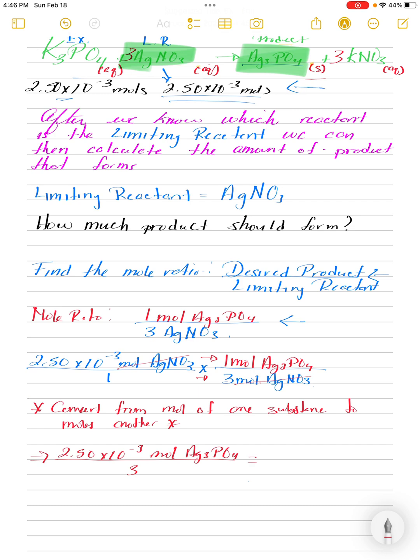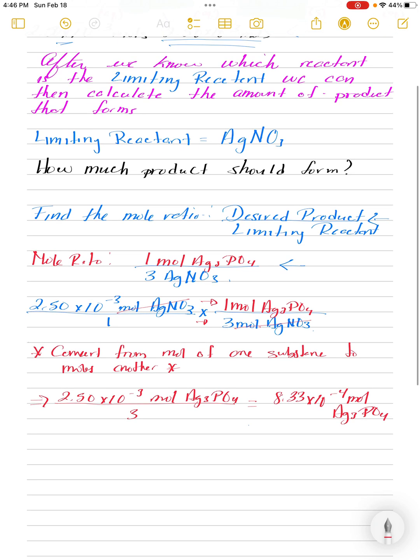So if I divide this out, I should end up with 8.33 times 10 to the negative 4 moles of silver phosphate, right? So by doing the stoichiometry here, you can see that I end up with moles of silver phosphate as my answer. So that's what the mole ratio allows you to do, right?